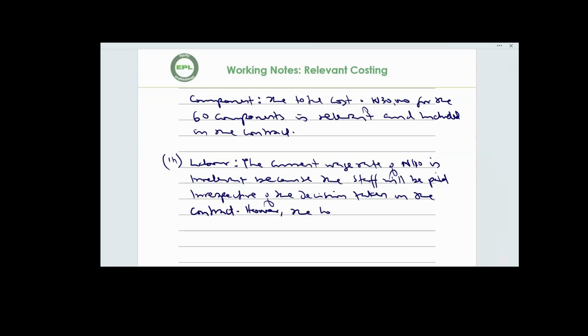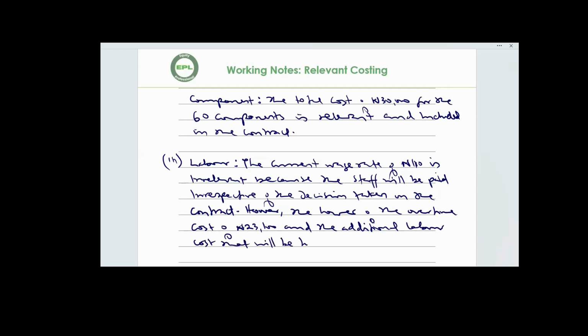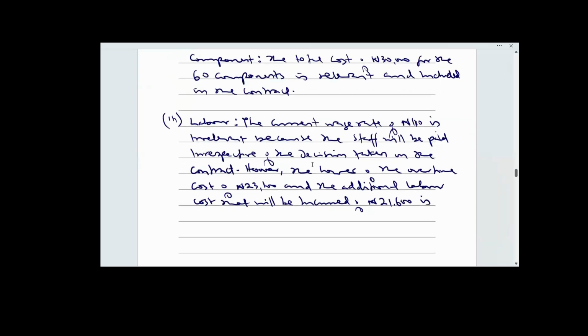However, the lower of the overtime costs of 23,100 and the additional labor costs that will be incurred of 21,600 is considered.